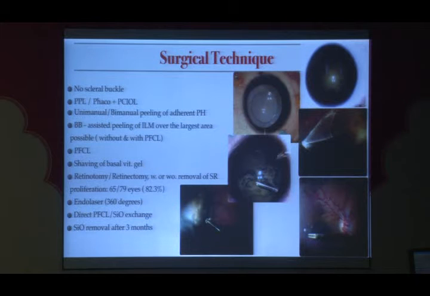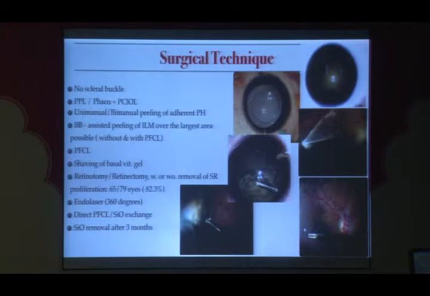Well, I believe that a buckle has no role in these cases, and when needed, partial lensectomy or phaco combined with posterior chamber intraocular lens implantation is done, depending on the age. Unimanual or bimanual peeling of the adherent posterior hyaloid, and we use brilliant blue assisted peeling of the internal limiting membrane over the largest area possible, with or without PFCL.